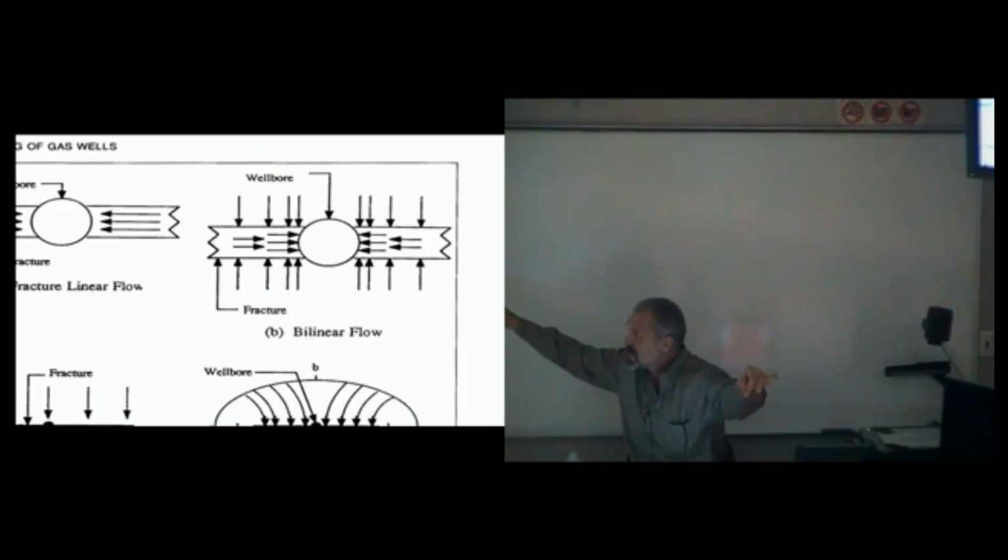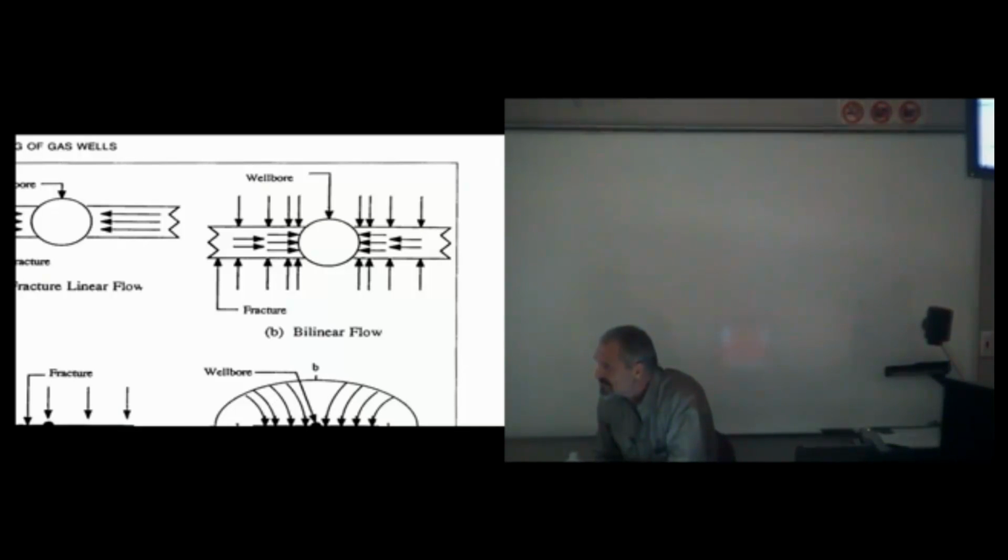But during that period of time where I've got this perpendicular fracture linear flow and formation linear flow, we call that bilinear flow. And actually, I usually talk to people in the industry who may not even be engineers, and so I don't usually use the term bilinear flow. I use cleanup.